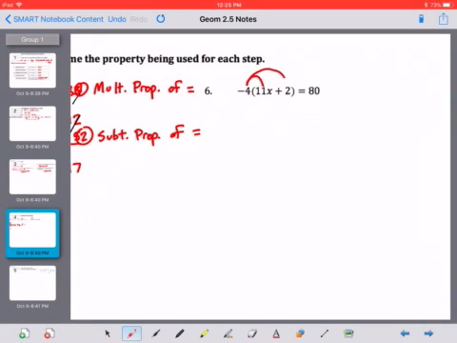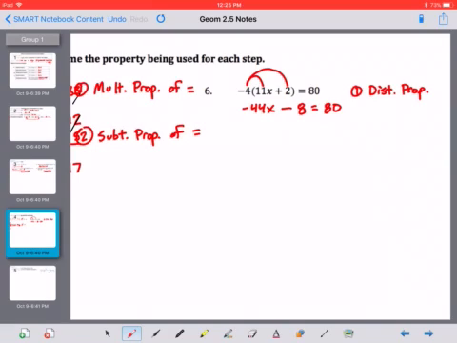I'm going to distribute that into the equation, so I end up with -44x + -8 = 80. And I'm actually going to change this. If you add a negative, that's the same as subtracting. So let's just change that to -8. And we are able to do that with that distributive property up above.